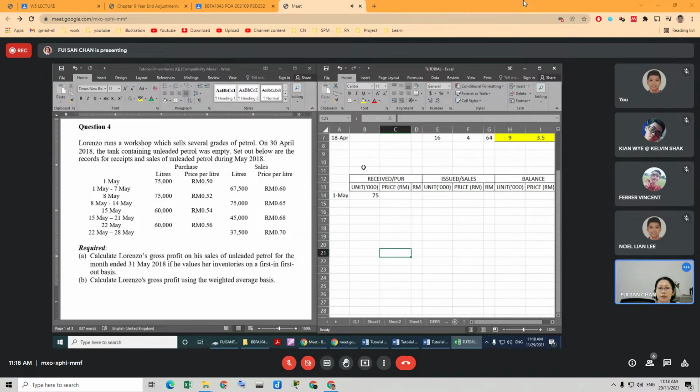Now 75, and then what is the price? 0.5, is it correct? So in this case, how much do you get in total? I purchased 75,000 liter, 50 cents per liter. So I will set a formula to help me: this one times this one, correct? Enter.